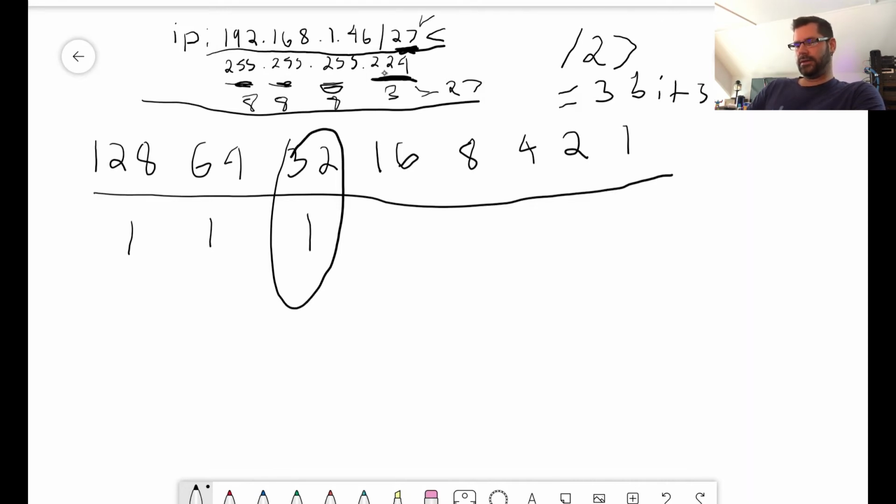We'll look at this IP address, and we don't know that it's in the 192.168.1.0 network, because again, it's subnetted, but we're going to start with the .0 and work our way up.